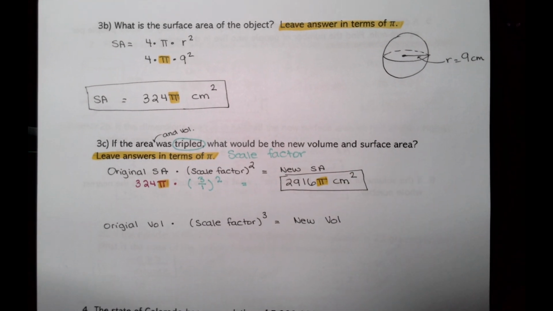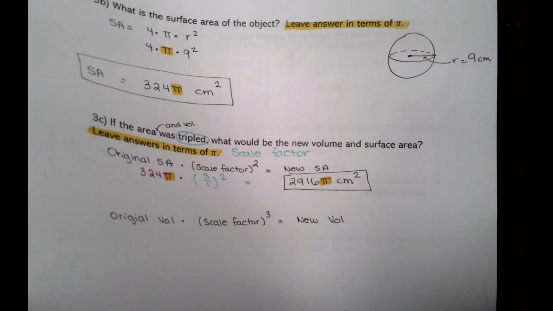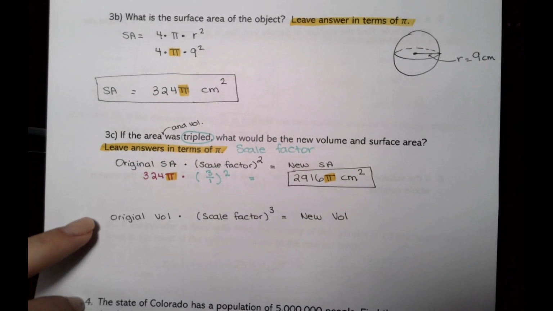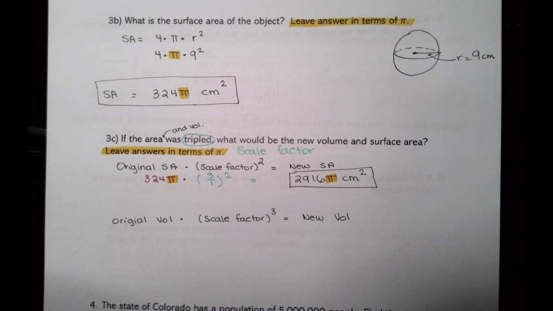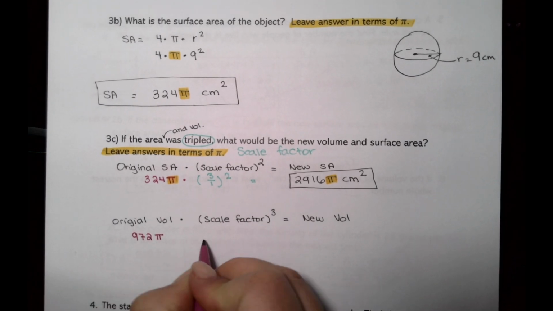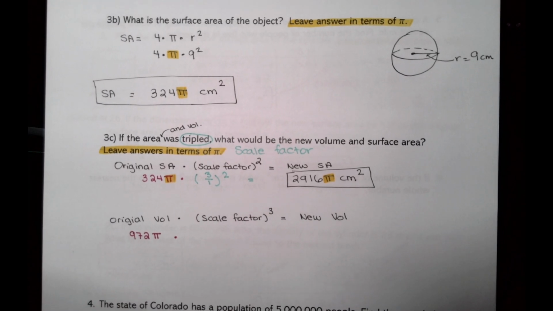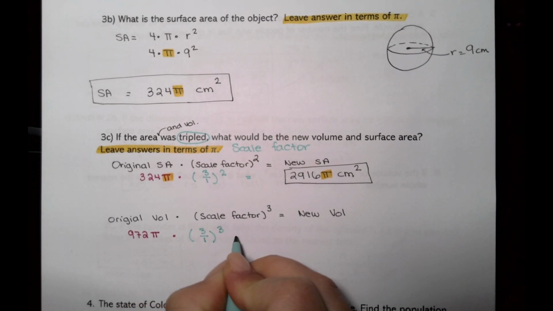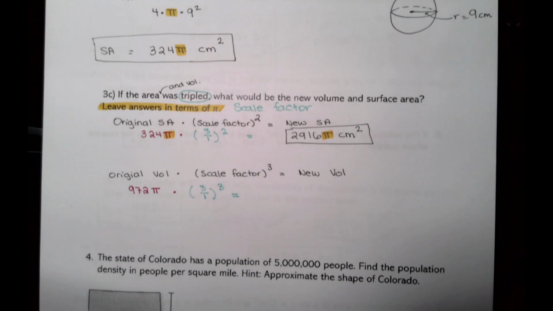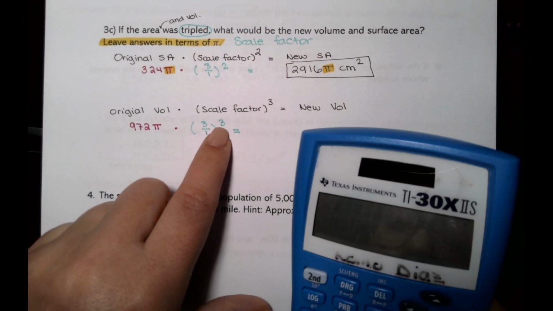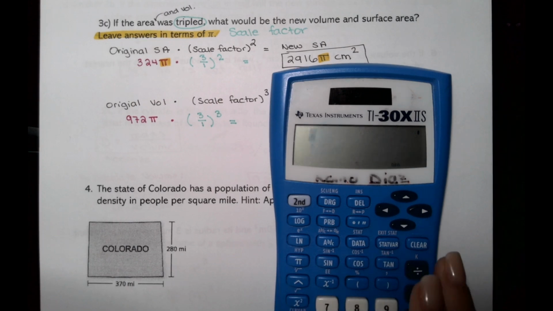Volume, let me go back and see what we had for volume. Volume was 972 pi. Scale factor again is 3/1, or just 3 cubed. And again, reminder, when you're typing this into the calculator, you have to put the 3, the cubed, on the outside of the parentheses.